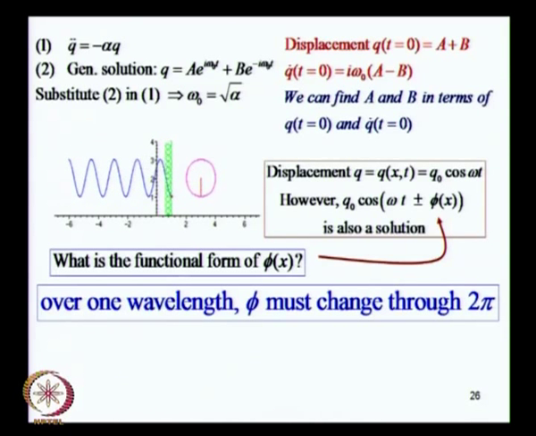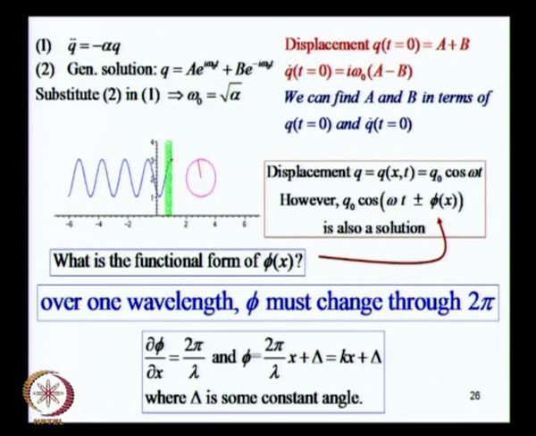So the rate of change of phi with respect to x, which is d phi by dx, must be 2 pi by lambda, because over one wavelength the angle phi should change by 2 pi. So the rate of change must be equal to 2 pi by lambda.